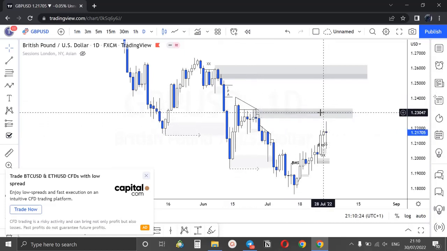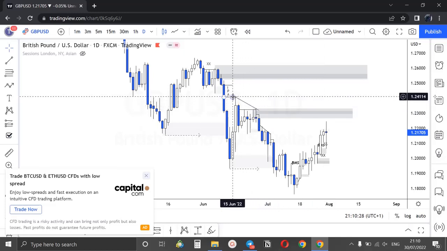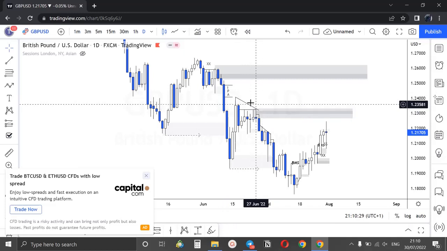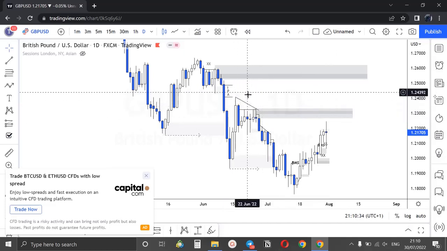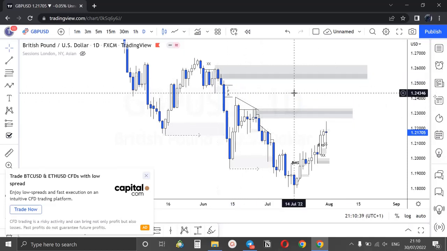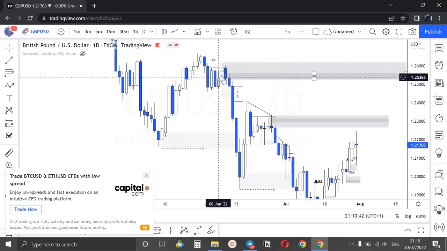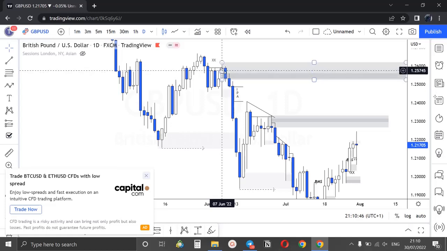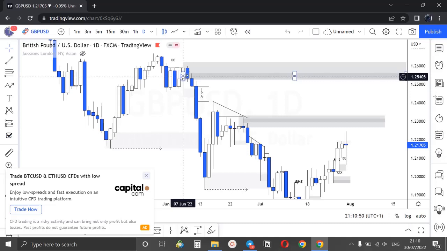If they fail to break structure, they can induce all the people that are selling from here, come back and induce everybody, fill up this imbalance and mitigate this institutional candle, this order block. You can call it supply, demand, mitigation candle, anyhow you feel like calling it, and they can come back and mitigate off this supply zone.